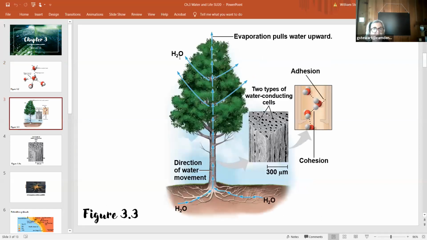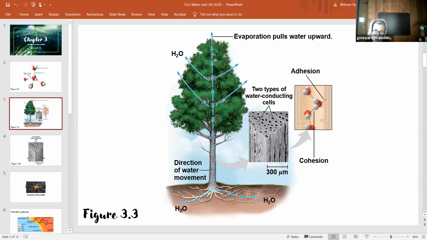So the first special property of water is what we refer to as cohesion. And that is water molecules sticking to other water molecules, meaning forming hydrogen bonds with other water molecules. And because water is polar covalent, water can also stick to other charged surfaces.